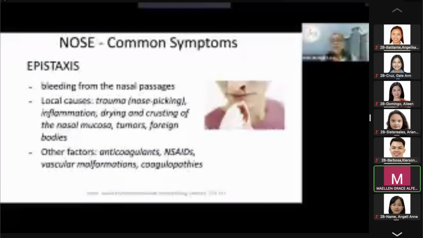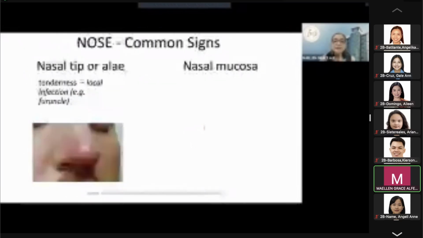Now, other factors that can cause epistaxis would be the use of anticoagulants, non-steroidal anti-inflammatory drugs, and vascular malformations and coagulopathies. This one usually occurs in dengue, no? Dengue. Okay.